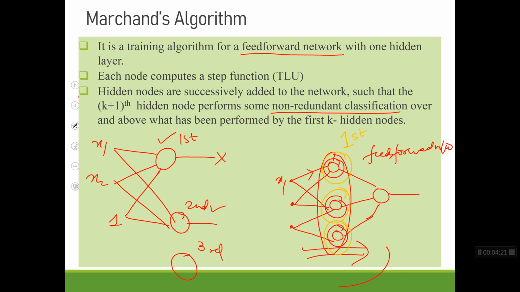I add a third node such that it will perform the classification which was not done by the first and the second node. So every time you add a node, it will be performing some non-redundant classification. That is the important technique here. Every node which is added has to perform some classification task.